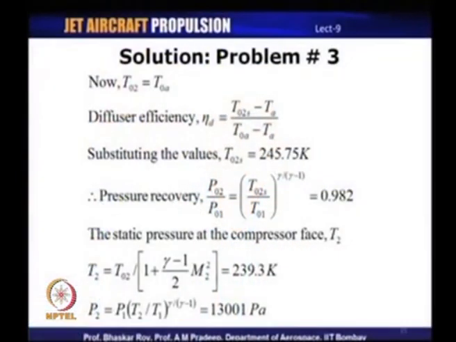Now, in order to find out the pressure recovery, we will make use of the diffuser efficiency definition. Now, T02, as we know, is equal to T0A, and the diffuser efficiency is defined as T02s minus TA divided by T0A minus TA. Diffuser efficiency is given as 0.95. T0A is known, we have already calculated that.